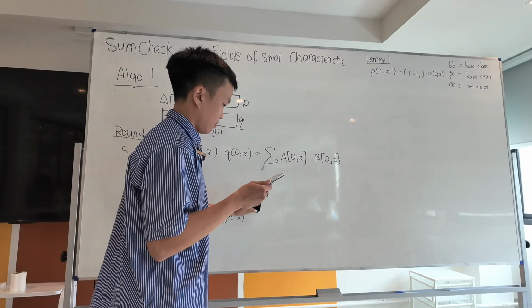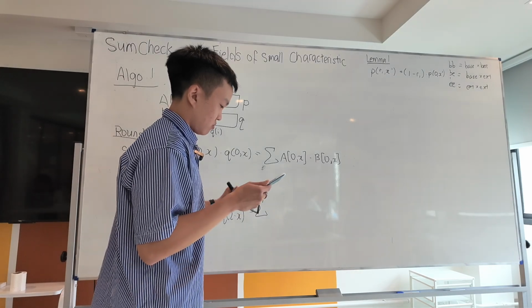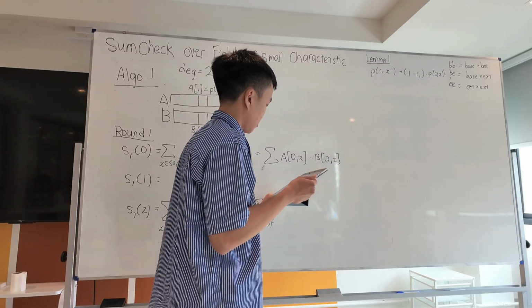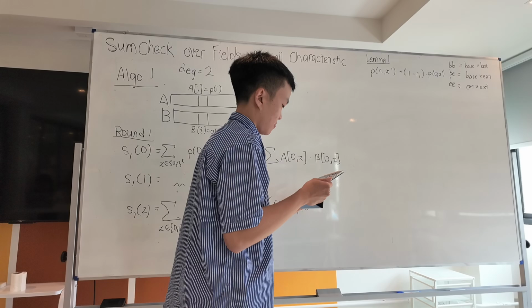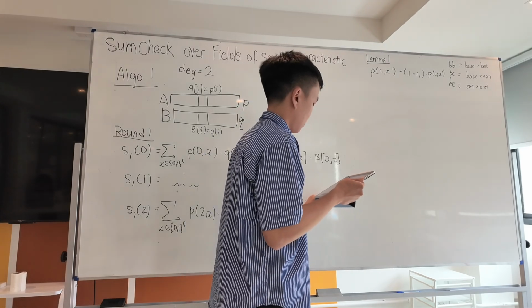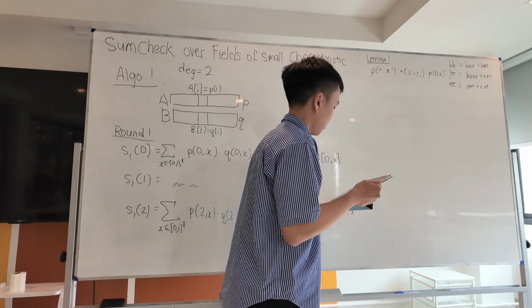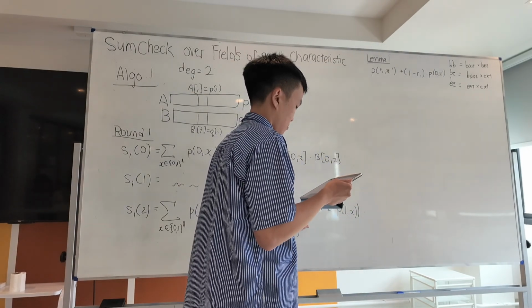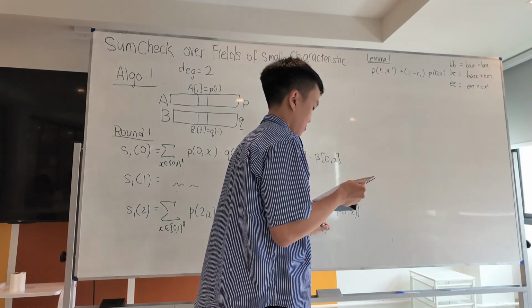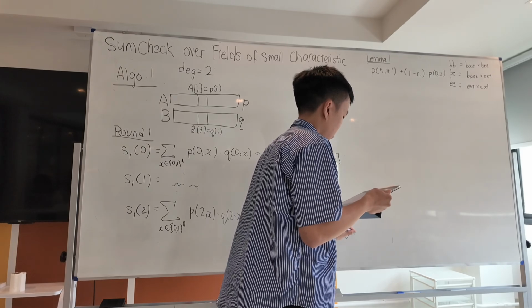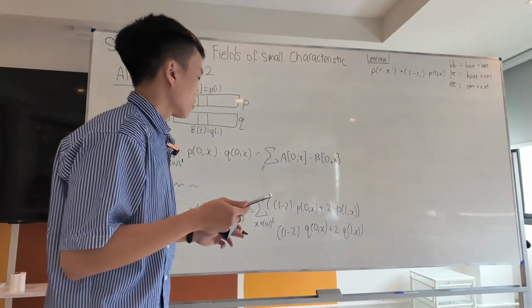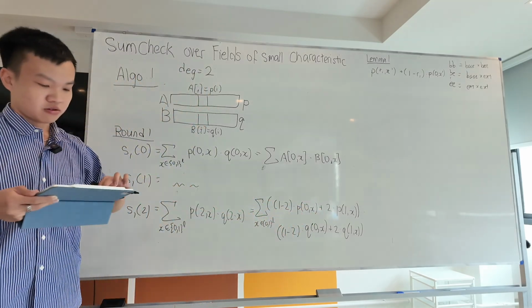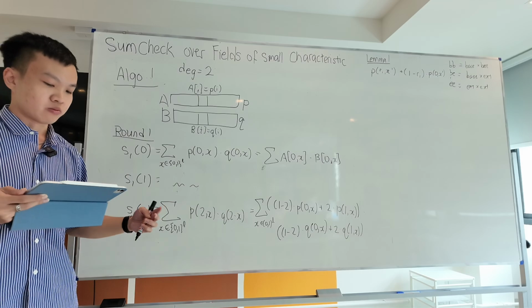So you get something like this, which is just simply using lemma 1 to re-express this problem, and we can calculate it from previous values.